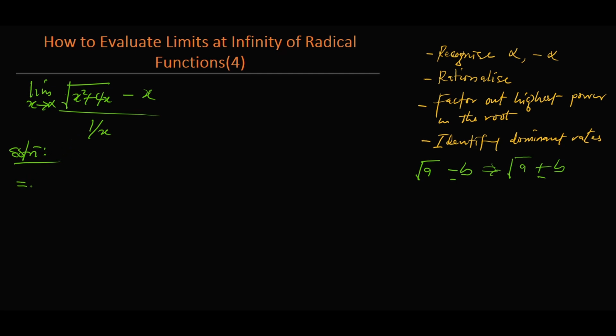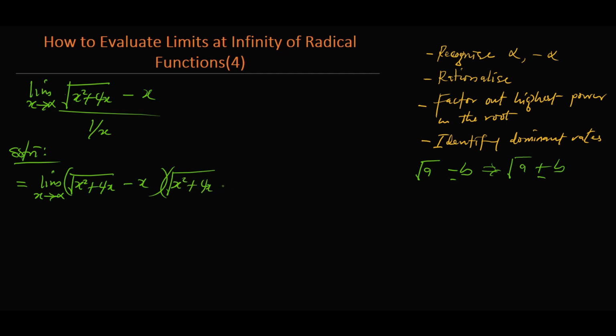Applying that here, we are going to have that the limit as x approaches infinity of root x squared plus 4x minus x, multiply its conjugate, which is root x squared plus 4x.